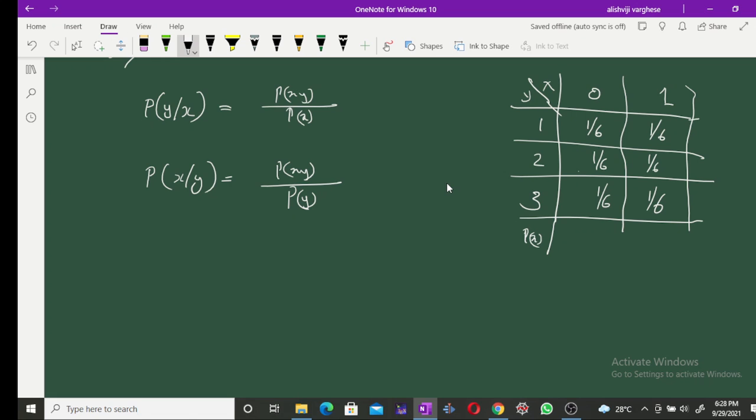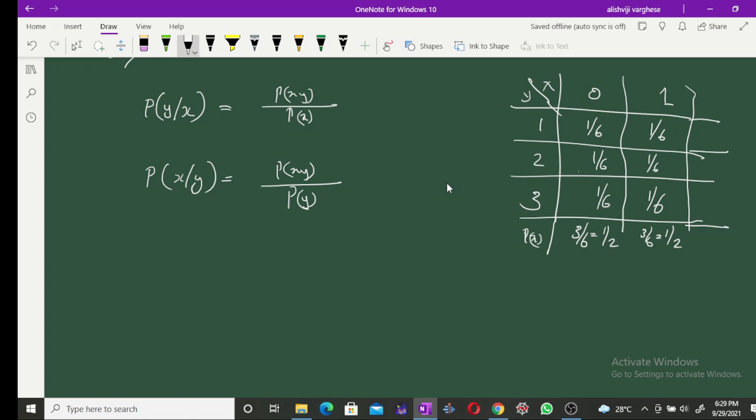In this tabular notation, y can take values 1, 2, and 3, and if you sum up with respect to y, when x is equal to 0, the sum is 1 by 6 plus 1 by 6 plus 1 by 6, that is 3 by 6, equal to 1 by 2. And when x takes value 1, y can take these three different values, and if you sum up with respect to the values of y, we have 3 by 6, equal to 1 by 2.